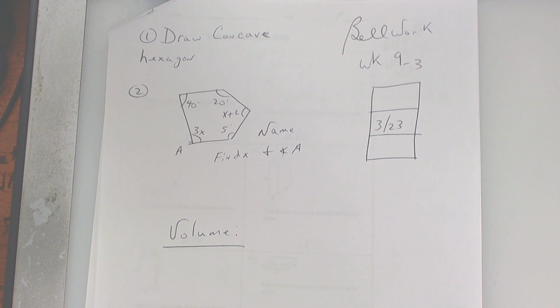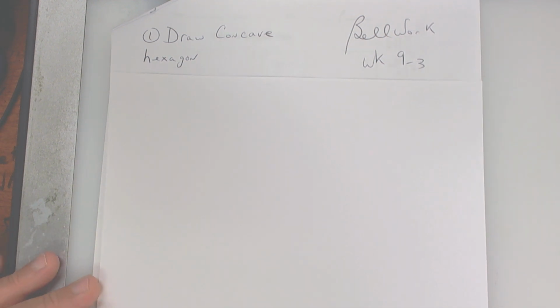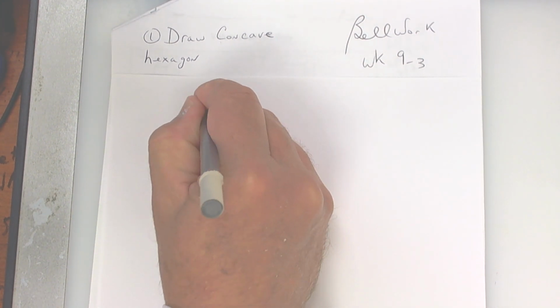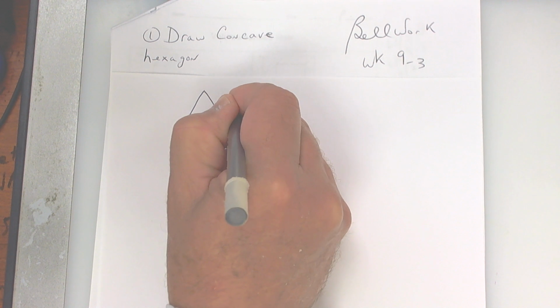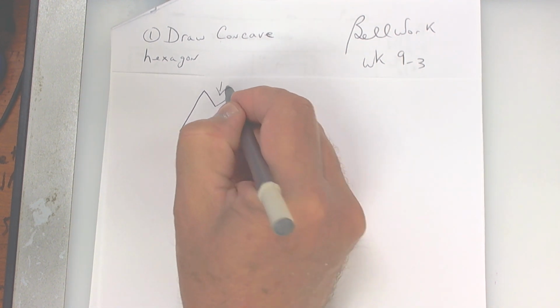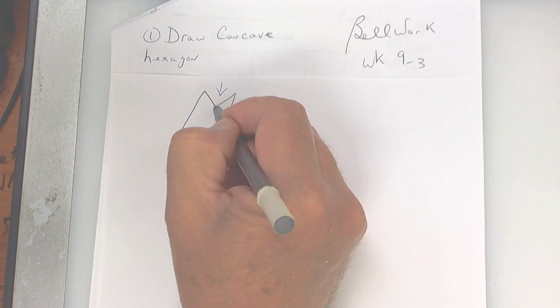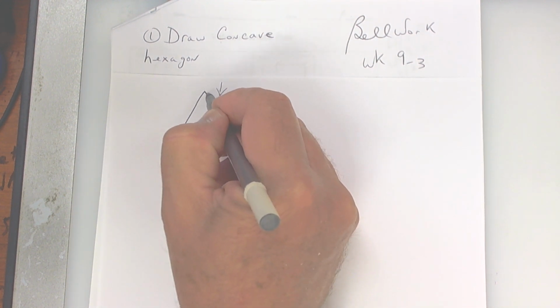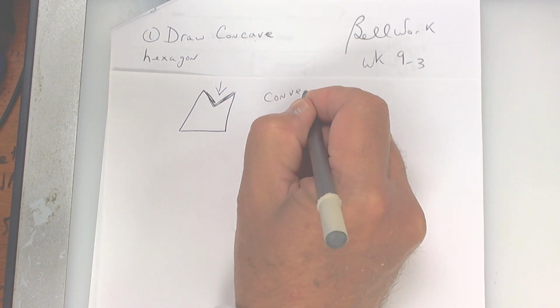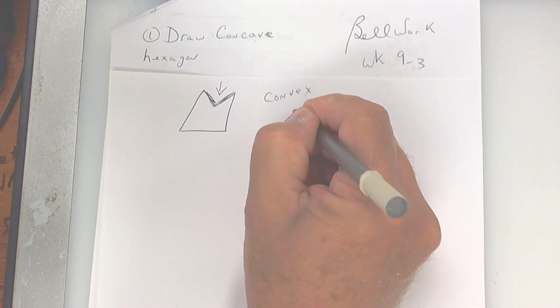All right, there were two terms that I wanted you to look up here. One of them was concave and one was convex. Concave means it caves in, like if you have too much snow on your roof, let's say you live up north, and the roof collapses, it caves in, okay? That would be concave. Convex, and you need to know both of these, it's like a puffer fish.